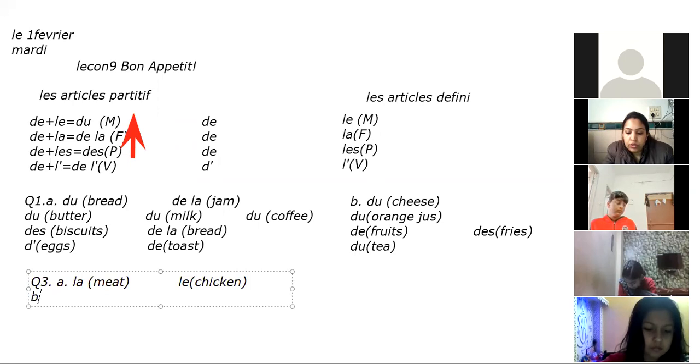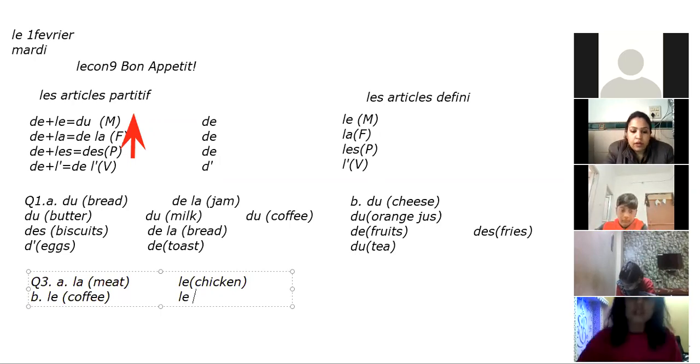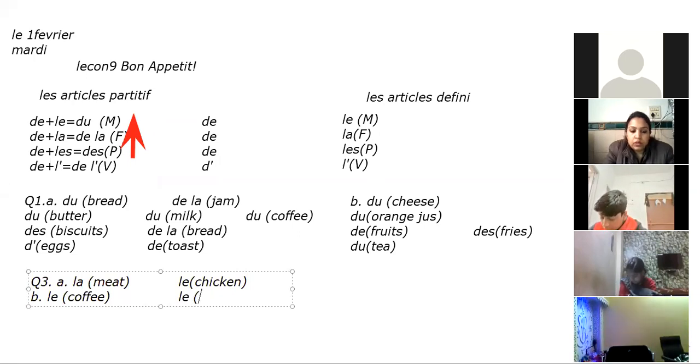B part. Sophie préfère dash café. Le café, coffee is masculine. And Patricia préfère le café froid. That was hot coffee.